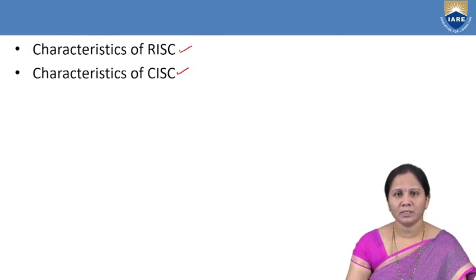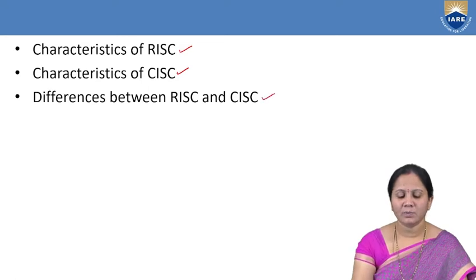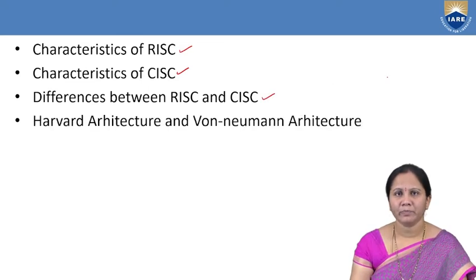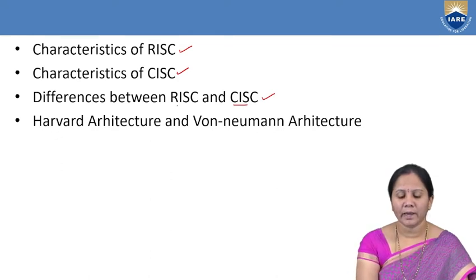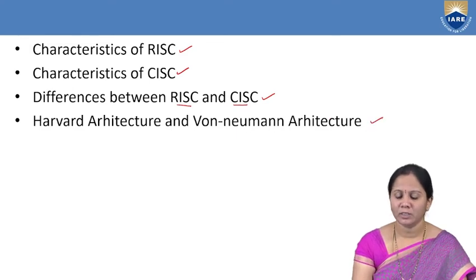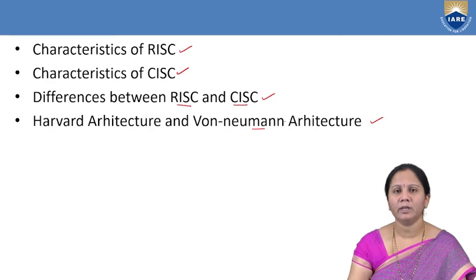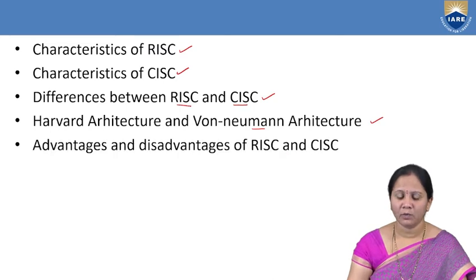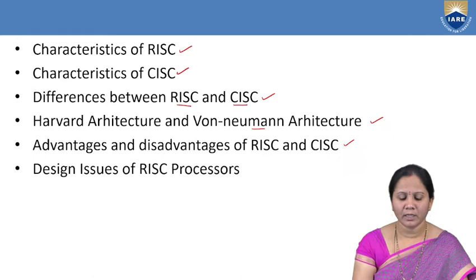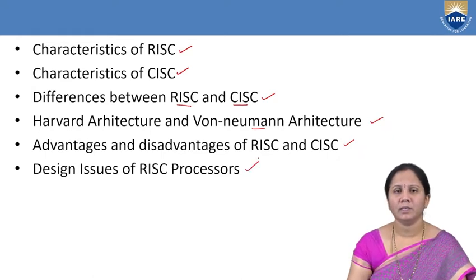Based on these characteristics, next we will see the differences between RISC and CISC processors, and how they are designed, that is, based on the Harvard and Von Neumann architectures. We will see how the Harvard and Von Neumann architectures work, and with respect to their characteristics, we are going to discuss the advantages and disadvantages of RISC and CISC processors and some design issues in the RISC processor. All these are the subtopics we are going to cover in this session.